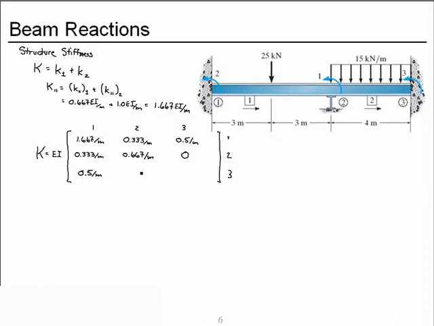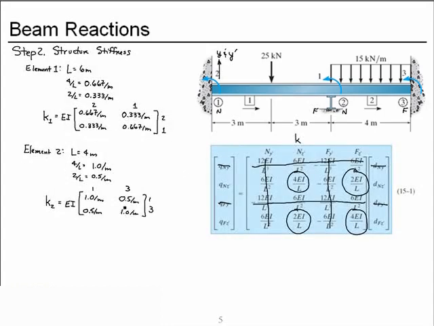Row 3, column 2 will also be 0, again for the reason that degree of freedom 2 and 3 are not connected by any element. Then 3, 3 comes from element 2.